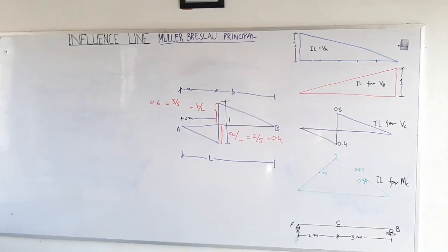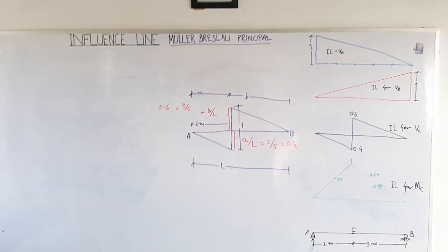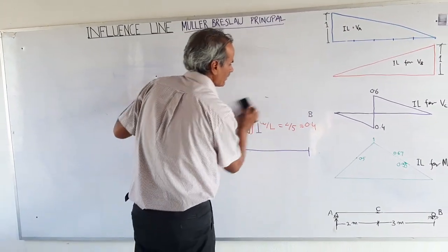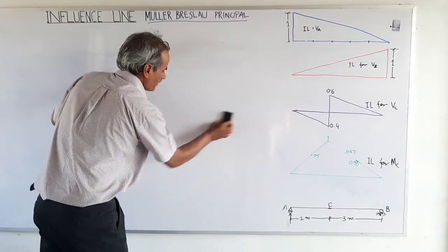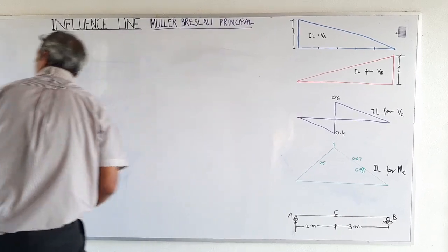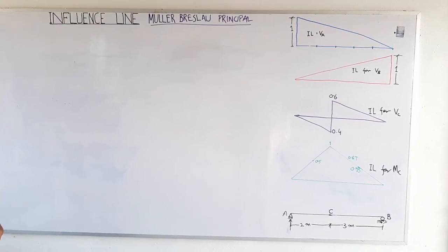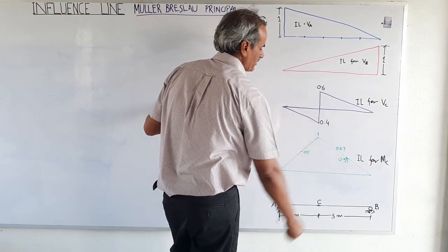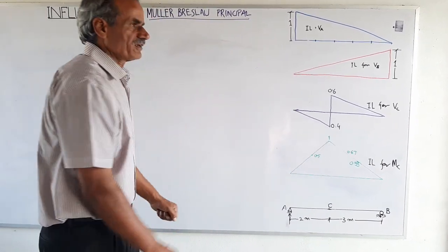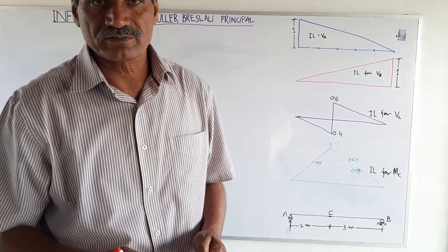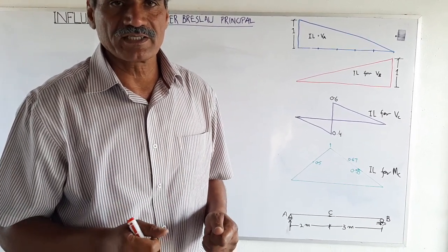Now again, for the influence line for flexure, for bending moment, we have drawn previously the influence line for bending moment at section C with these ordinates. Alright. What is bending moment or flexure trying to do with your structural element, that is the beam?